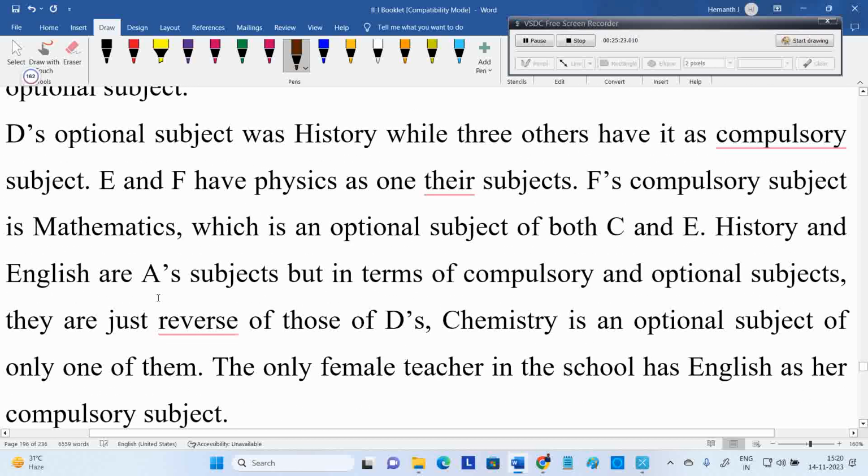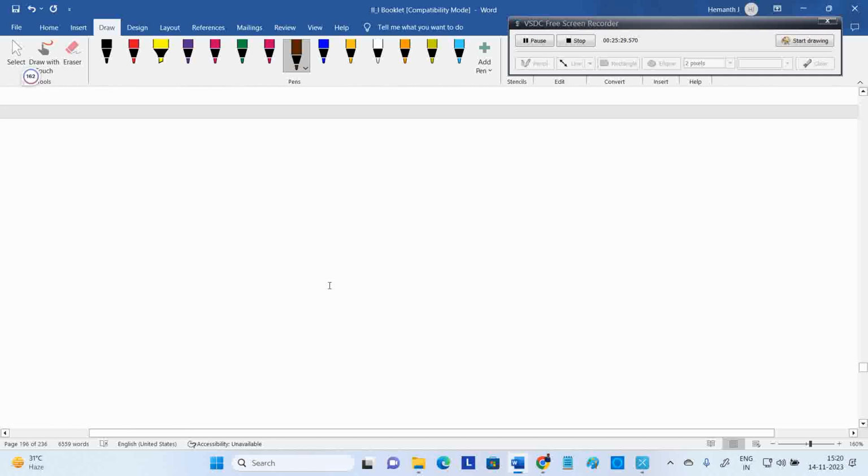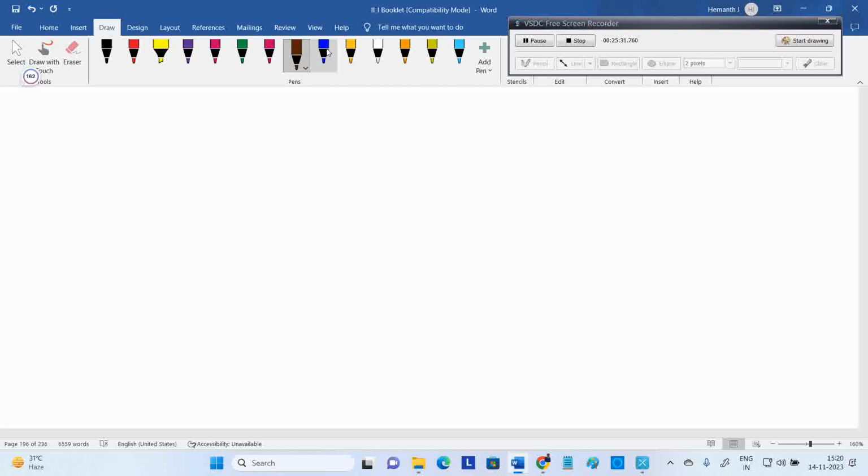Now this is the important paragraph. Which person, which subject we need to map. I'll just create a table for you. So you have six teachers, A, B, C, D, E, F. Every teacher is teaching two subjects, one compulsory subject, one optional subject.